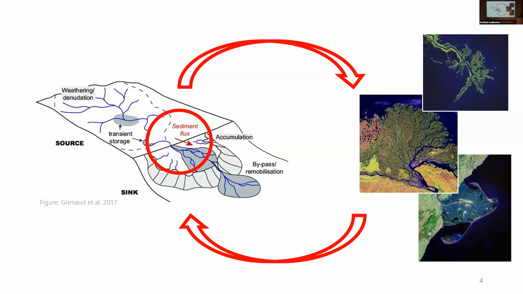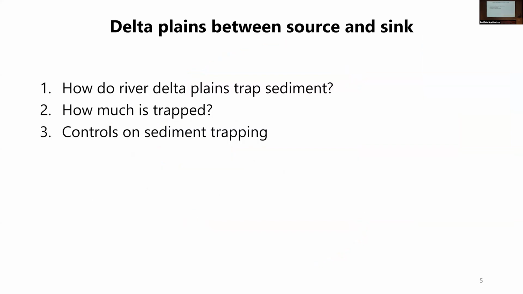But when you have a delta there, that can also greatly affect what kind of sediment is being stored in there and how much sediment is stored in there. So just the fact that you have deltas there is going to affect this source to sink pathway as well. And there are three key things that I'd like to discuss. First, how do they do that?